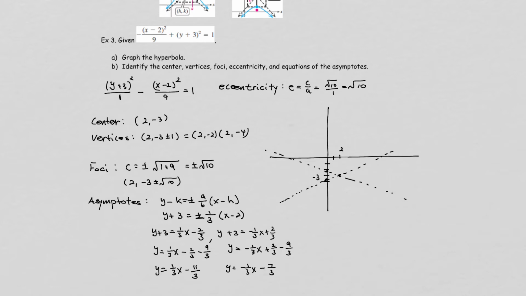and vertices are going to be (2, −2) and (2, −4). So draw the parabola going toward your asymptotes but never touch.